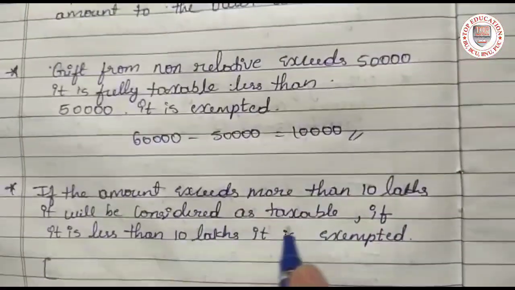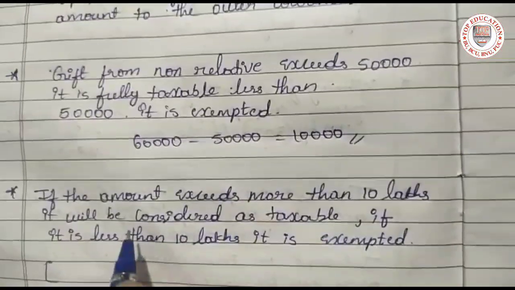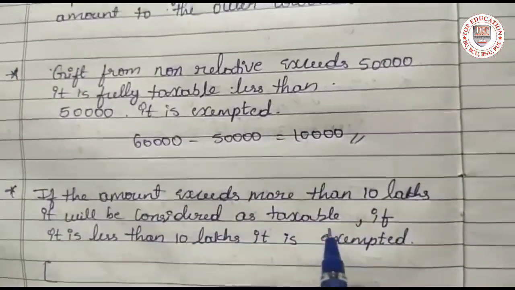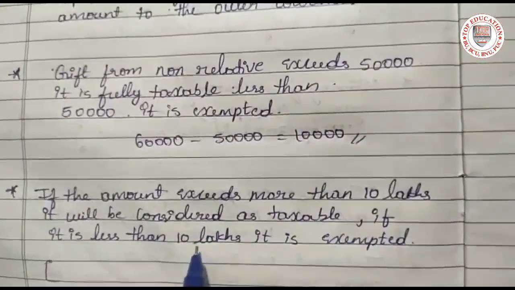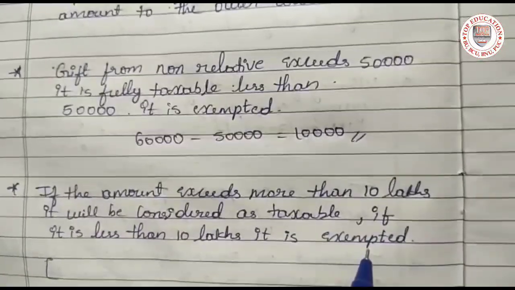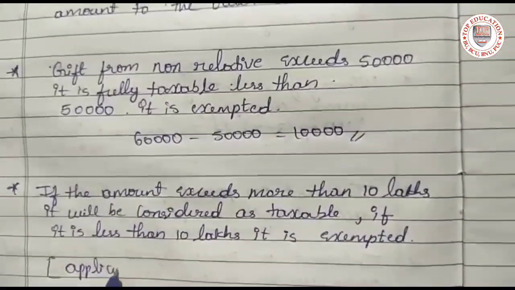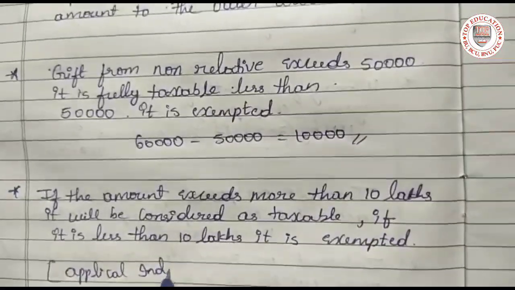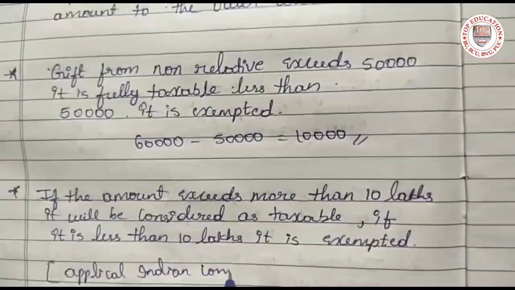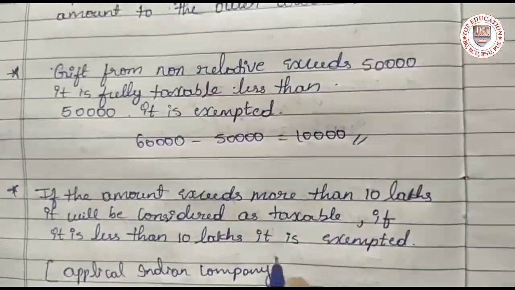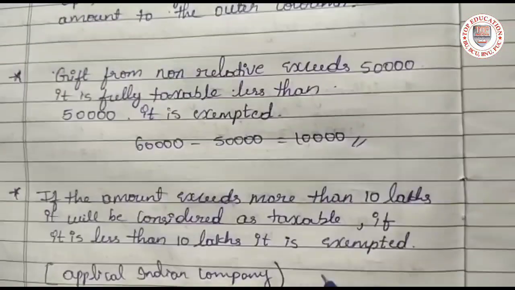Next, if the amount exceeds more than 10 lakhs, it will be considered as taxable. If it is less than 10 lakhs, it is exempted. This is applicable for an Indian company.